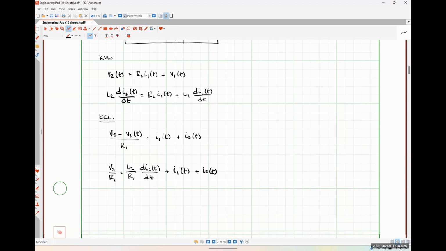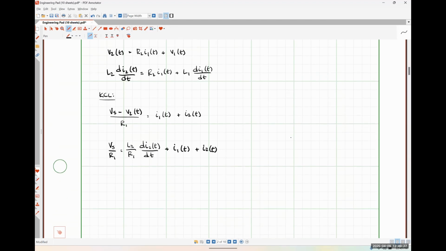So what I'm going to do here is rearrange this and solve for I1. I1 of t is going to be Vs over R1 minus I2 of t minus L2 over R1 times the derivative of I2 of t with respect to time.